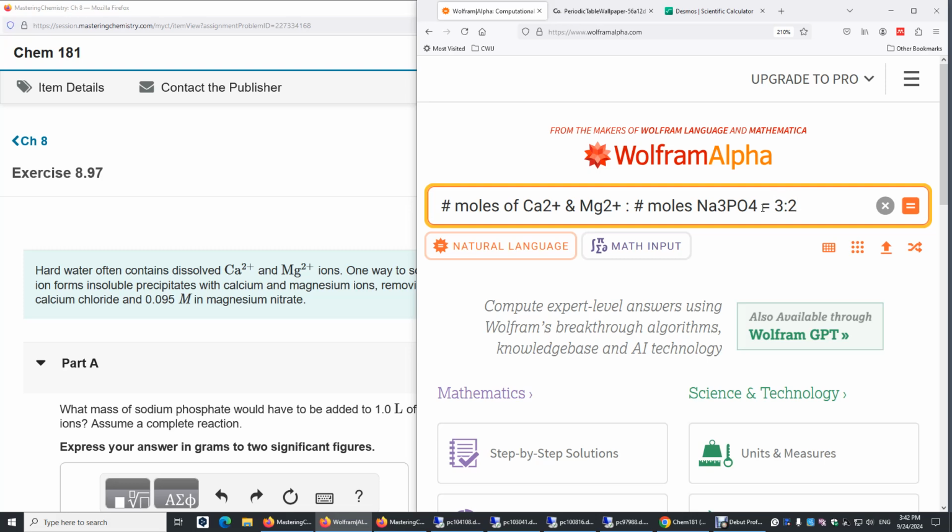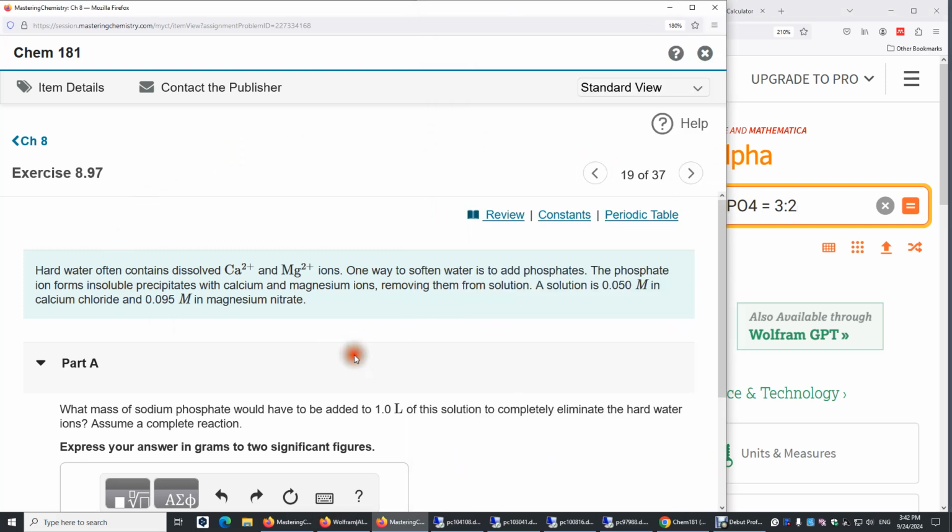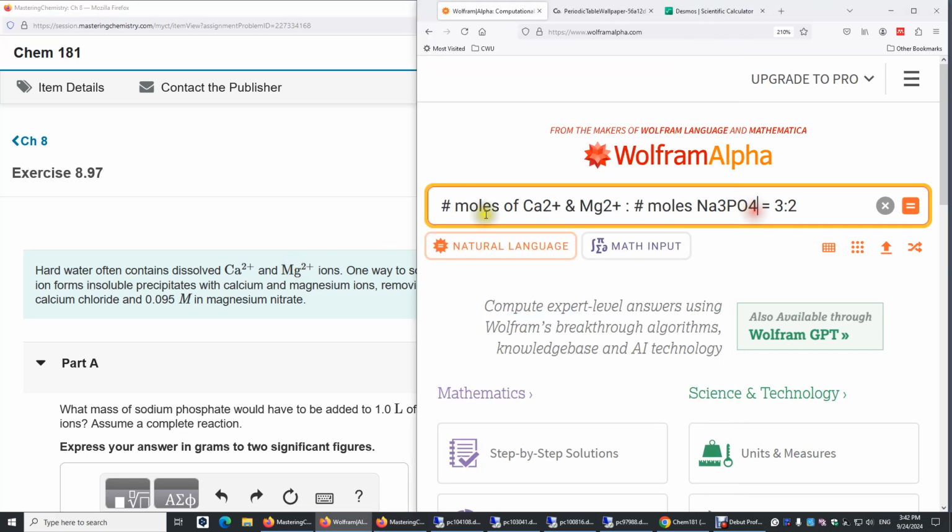Now what's the number of moles of calcium 2+ and magnesium 2+? We have the volume and the concentration. So we can easily add up the number of moles of calcium 2+ and magnesium 2+.